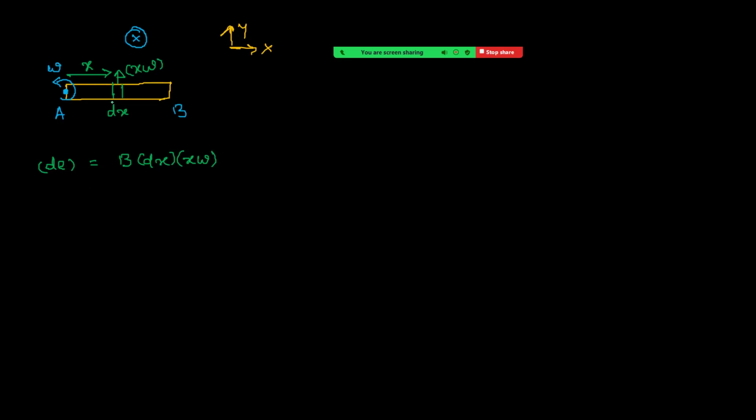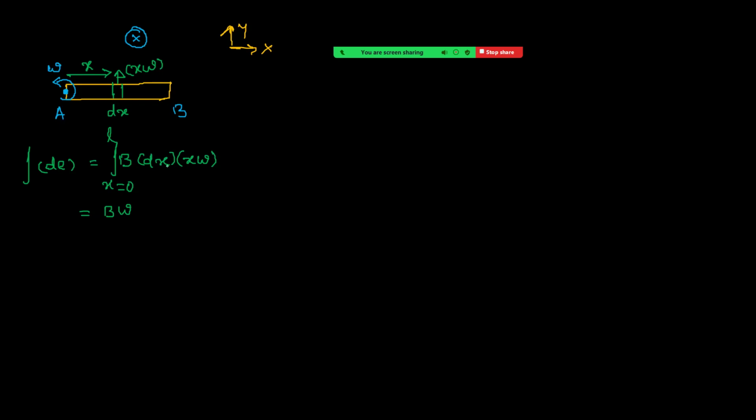Like this, we have to take all elements from A to B. That means we have to integrate, with limits from x equal to 0 up to L. Now see what we get. We can take B and omega outside.